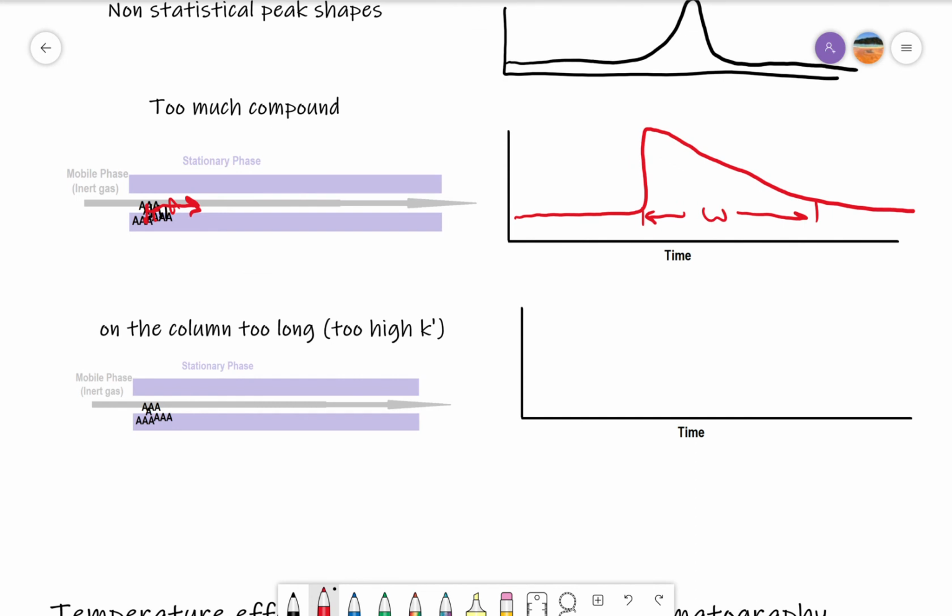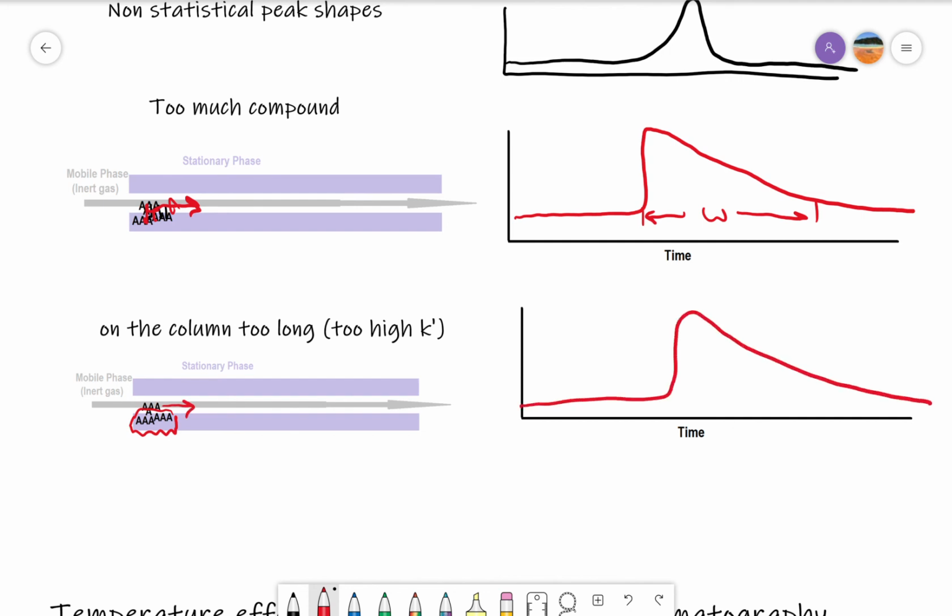This same effect can be created if it's on the column for too long, or in other words, it has too high of a K prime. If the compound has too high of an affinity for the stationary phase, too much of it will dissolve into the stationary phase, again creating the same kind of effect as if you had too much compound, pushing it down.